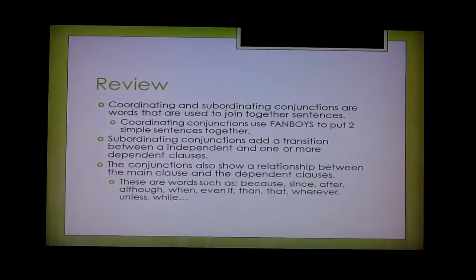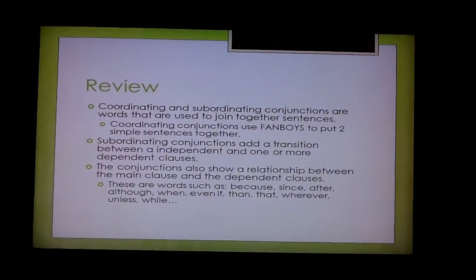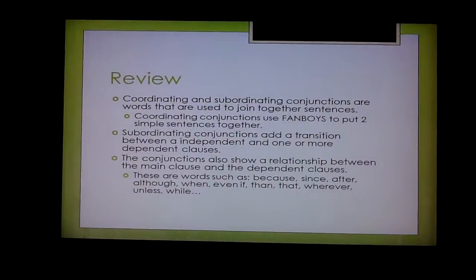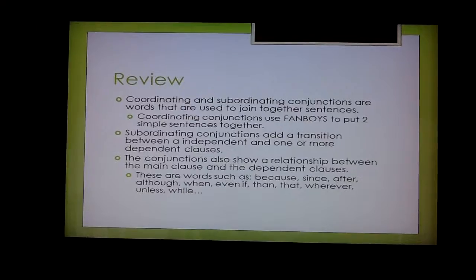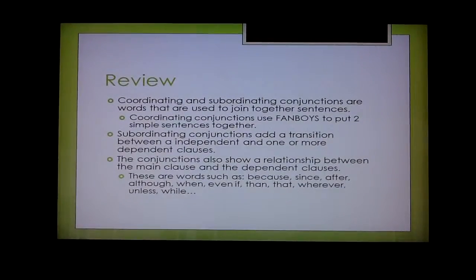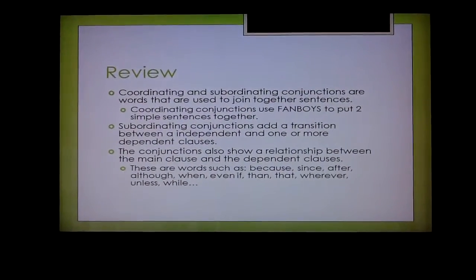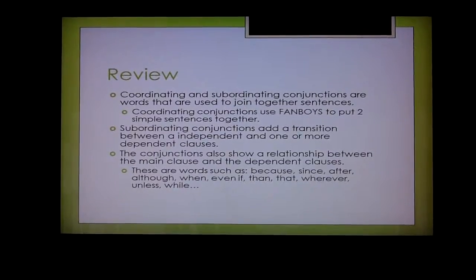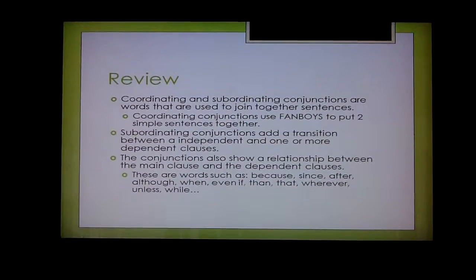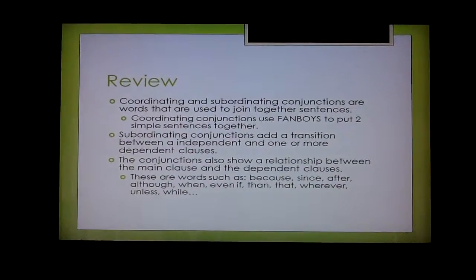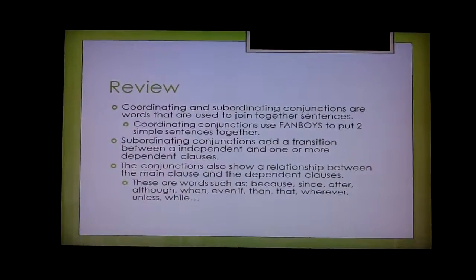Okay, and a short review. Coordinating and subordinating conjunctions are words that we use to join together sentences. Coordinating conjunctions use FANBOYS, and that was our for, and, nor, but, or, yet, or so, to put together two simple sentences.